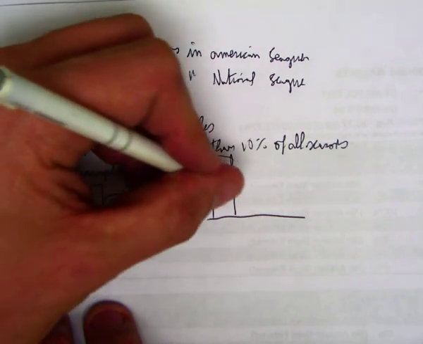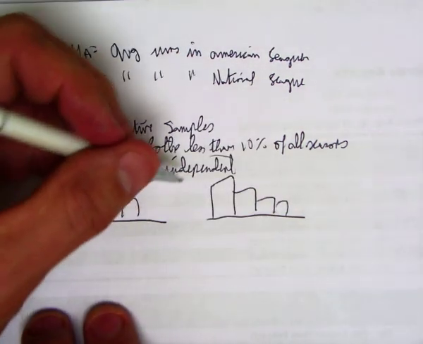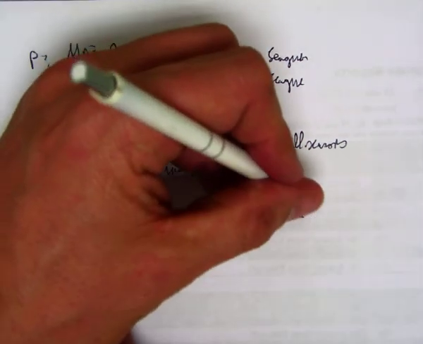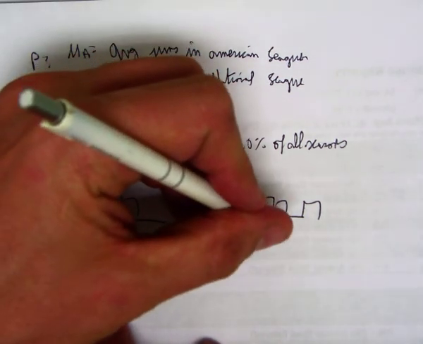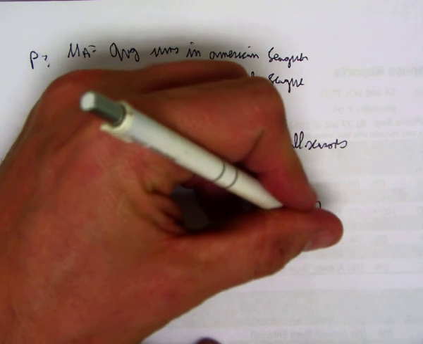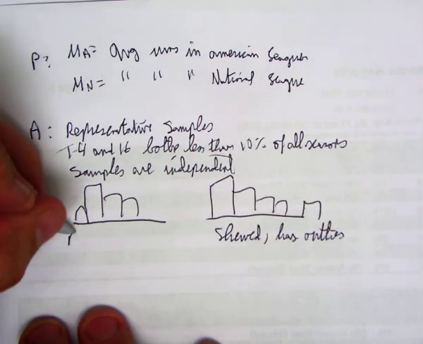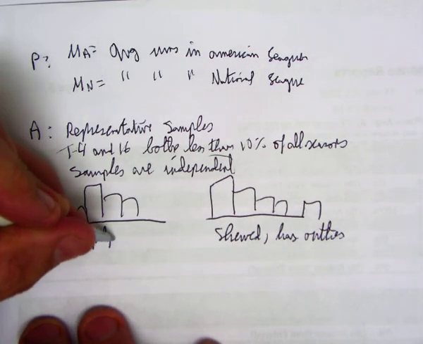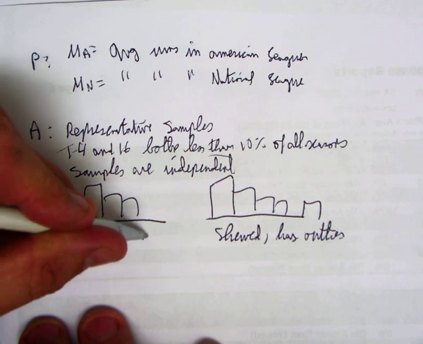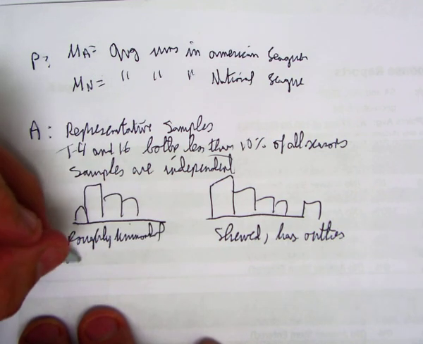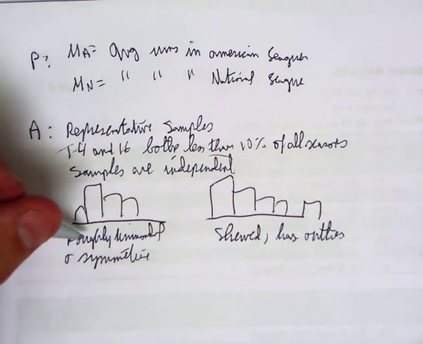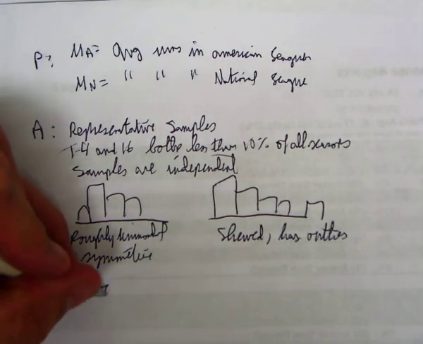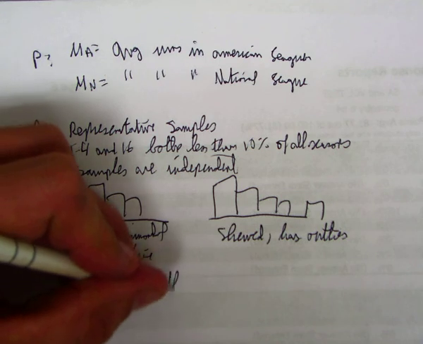However, the National League is not only skewed, but it has an outlier. Now, does it meet the conditions? No, it doesn't. So what we have to do is proceed with caution.